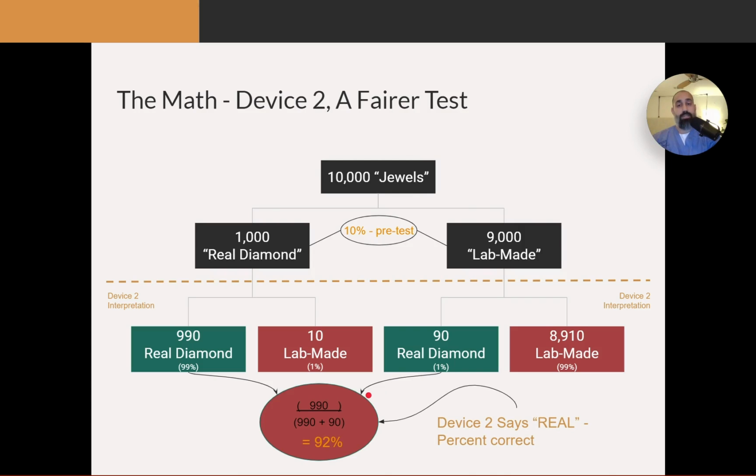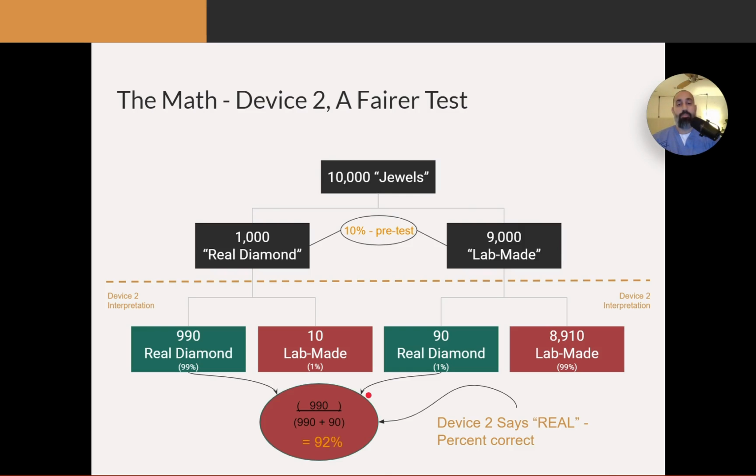And so in this case, with 10% pretest, the device has taken us from a 10% pretest to a 92% post-test probability. And what that means is, if we just pulled the joule at random from the bag, we had only a 10% certainty that this was a real diamond. My belief should only be 10%. The device has added its test that it has tested as real.